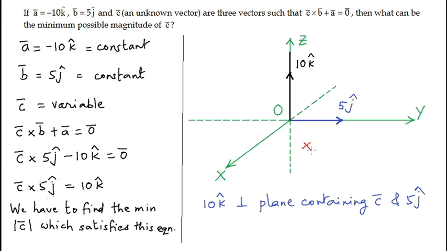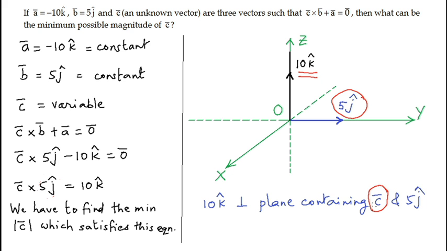It is nothing but the xy plane, which is the plane containing the x-axis and the y-axis. Clearly the xy plane does contain the vector 5j cap as required, and also the xy plane is perpendicular to 10k cap. Now this would mean that the location of the vector c bar has been found by us to be the xy plane.